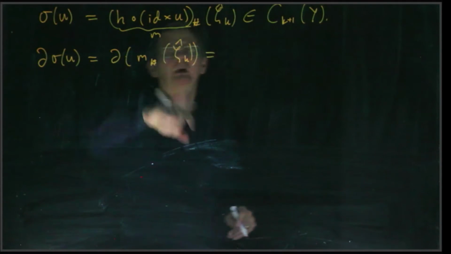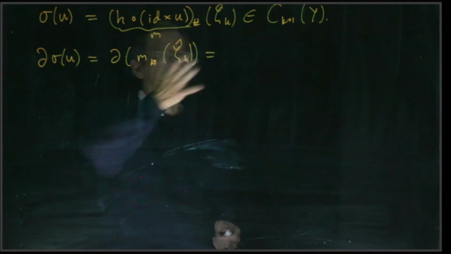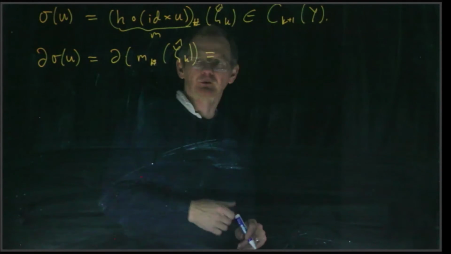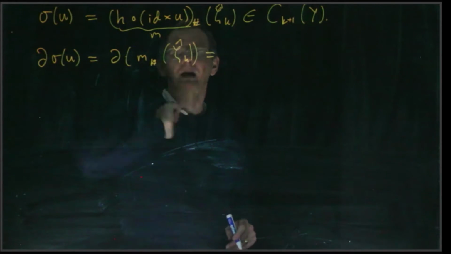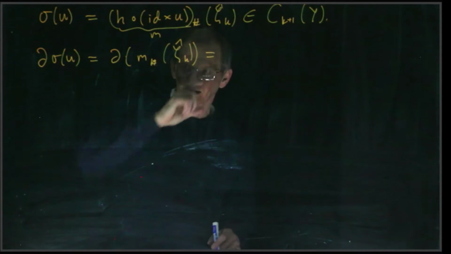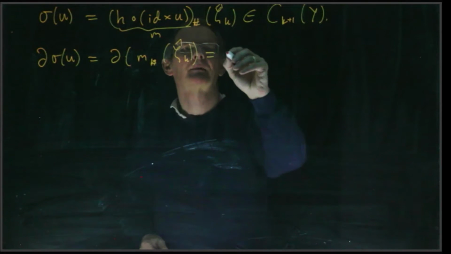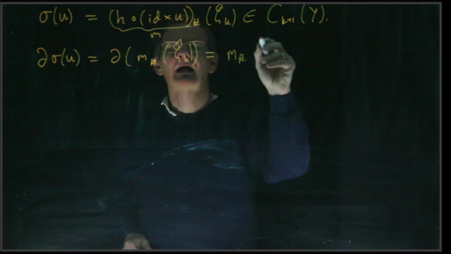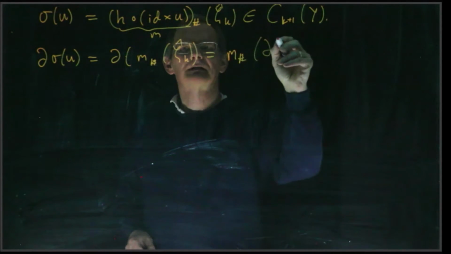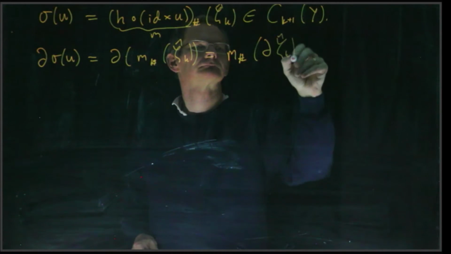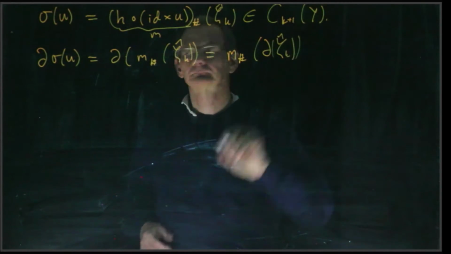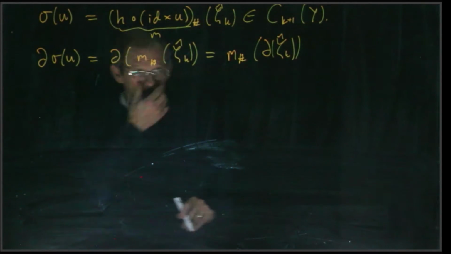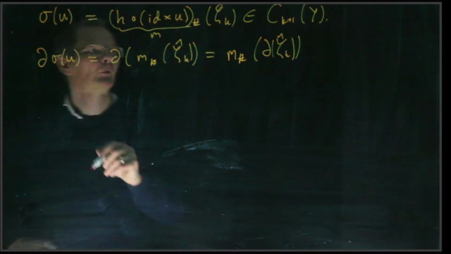We proved earlier that these chain complexes are functorial in your space: the map induced by a map of topological spaces is a chain map. So this is M hash of d zeta hat k. What about sigma d u?